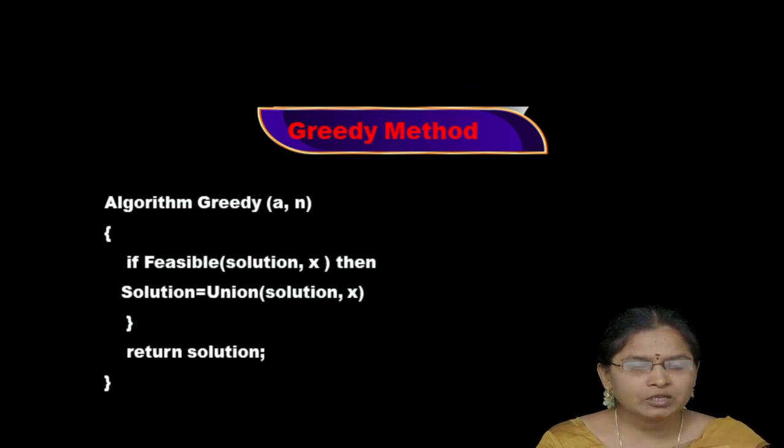Next, check whether the addition of this item x will bring a feasible solution or not. If it brings a feasible solution, then add this x to the solution variable, that is the output variable. Finally, close the for loop and return the solution variable.